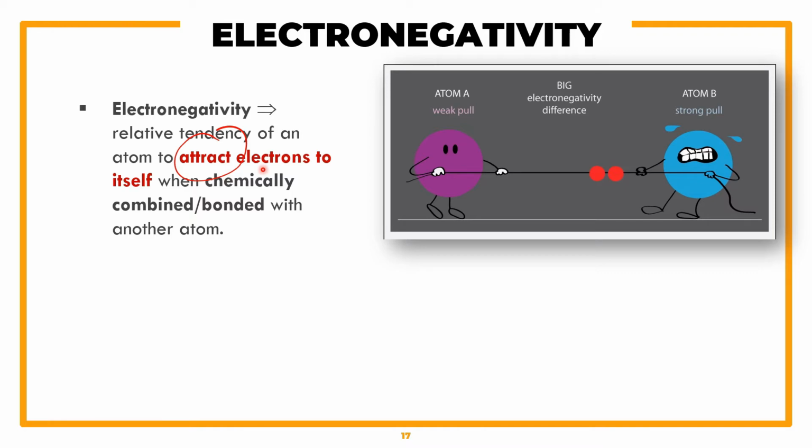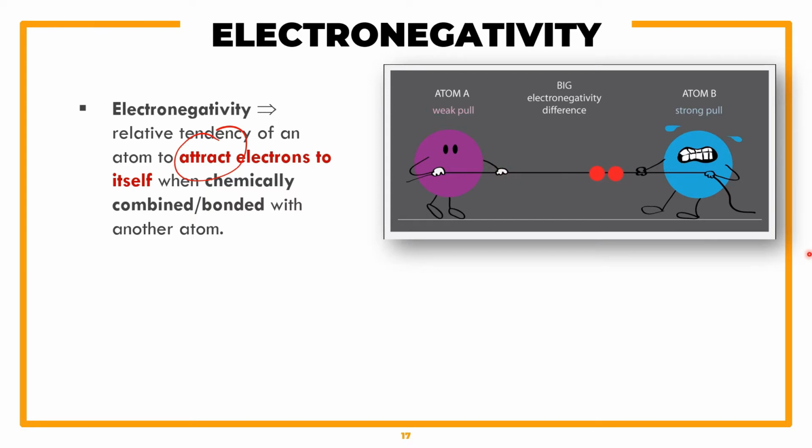Okay, keupayaan untuk sesuatu atom menarik bonding elektron ke arahnya apabila dia masih dalam keadaan mempunyai chemical bonding. So as you can see in this image, we have two atoms, atom A and atom B, and they are holding a rope here.